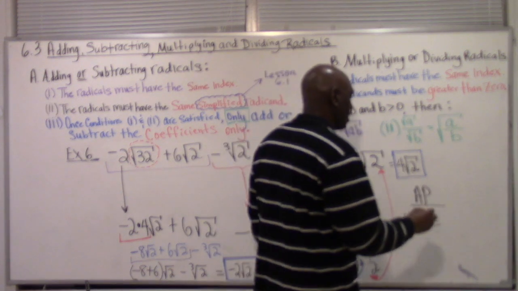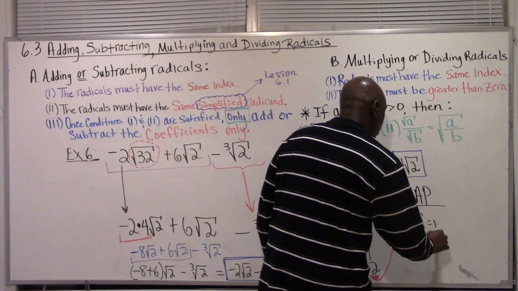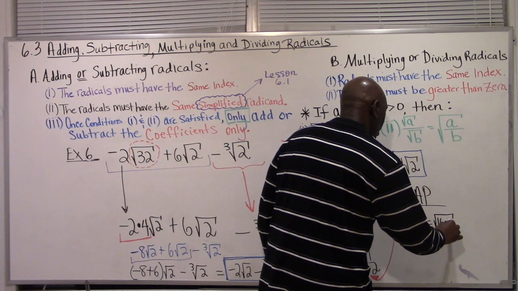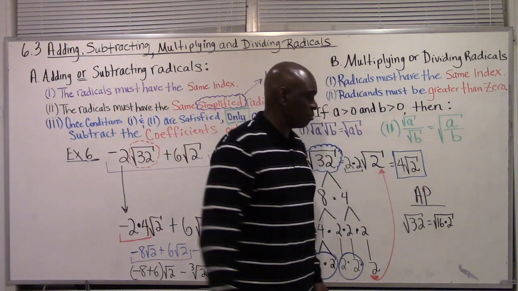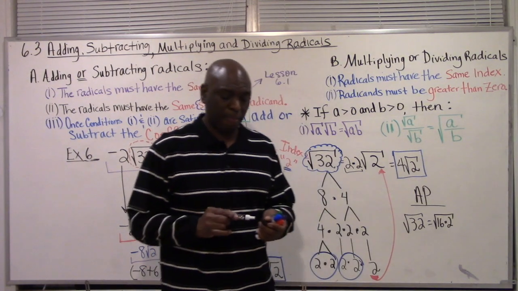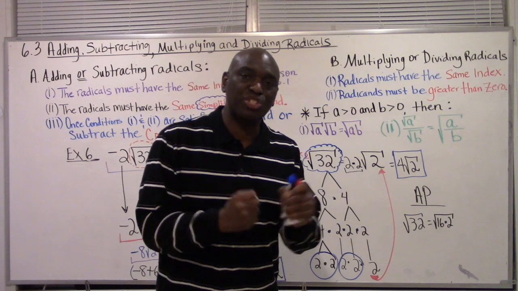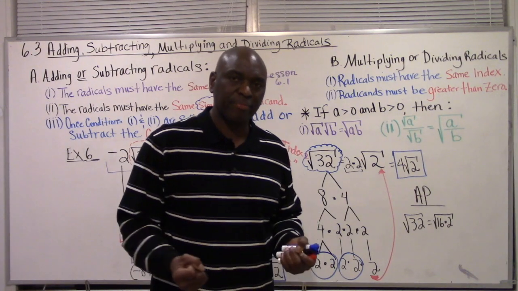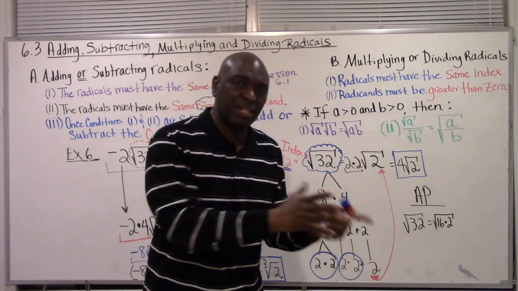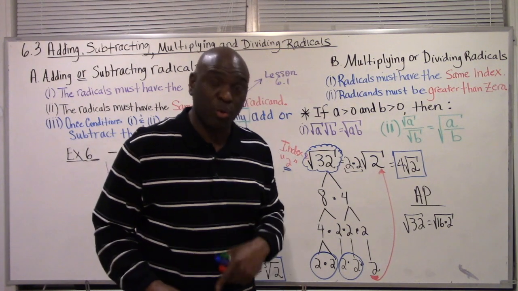Here we go. 32 is the same thing as the square root of 16 times 2. That's what 32 is. 16 and 2 are having some issues living in the same house. They're not getting along. So 16 needs its own radical, and 2 needs its own radical.